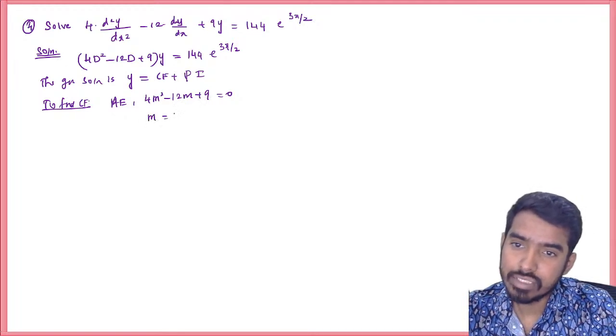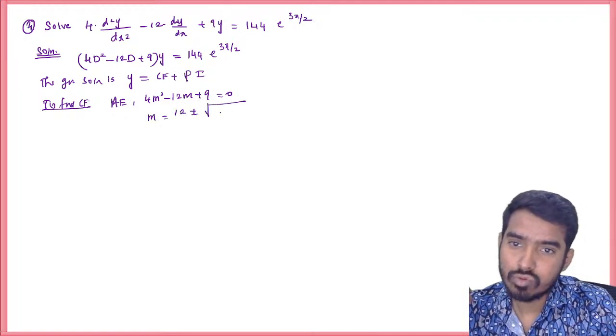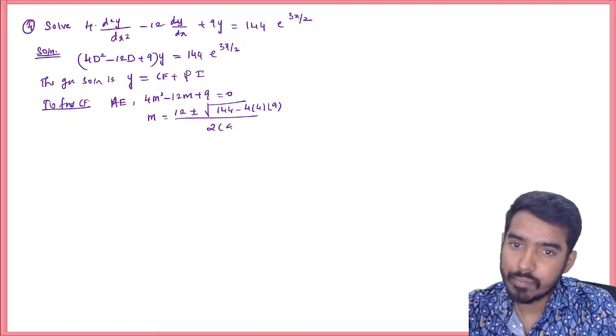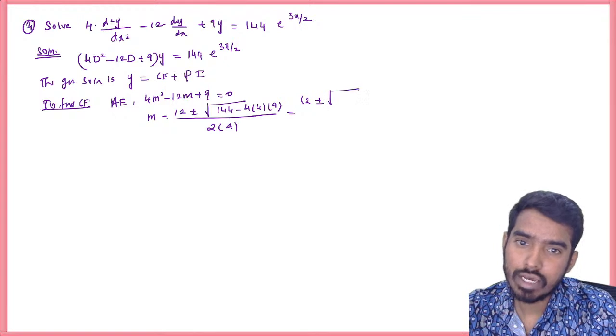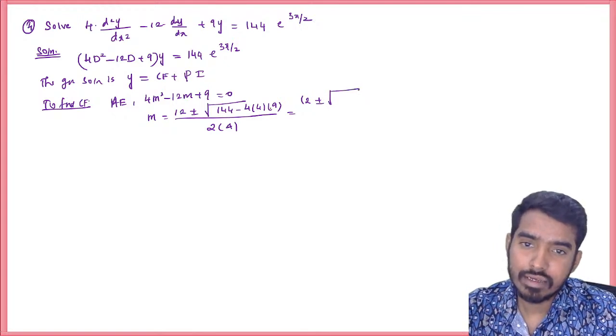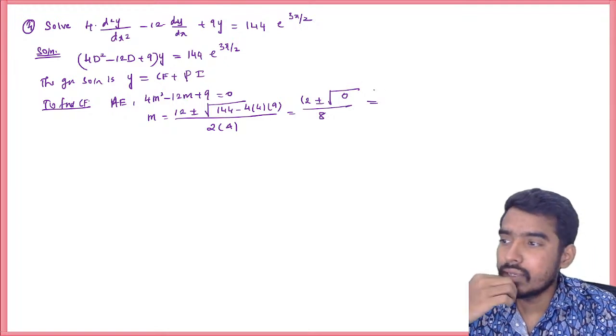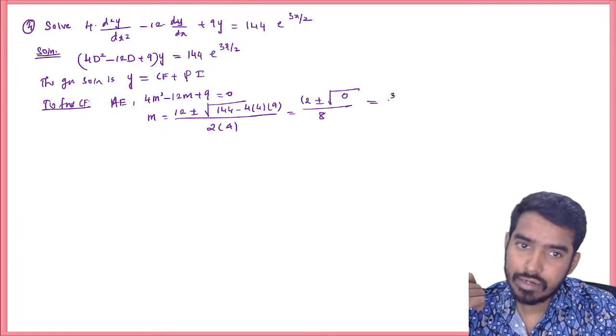Solve for this. m is equal to minus b plus or minus root of b square minus 4 times ac divided by 2 times a, right? So this will be 12 plus or minus square root of 0 divided by 8. So this will be 3 by 2, right? So 3 by 2 plus 0, 3 by 2 minus 0.